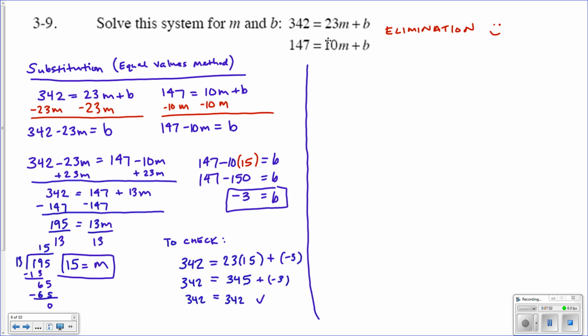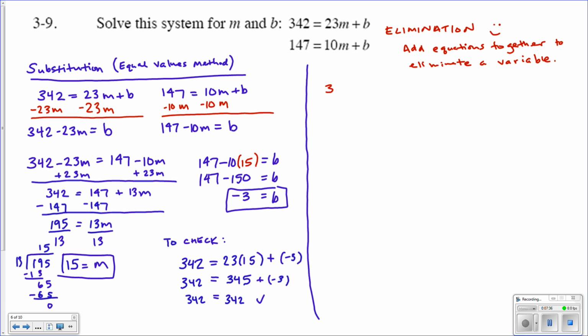So we want to be able to add these together to eliminate a variable. Now, some people choose to add and some people choose to do subtraction. I always find that there's a lot of errors with the subtraction, so I try to make it so we have opposites. So one thing that we want to look for is opposites.